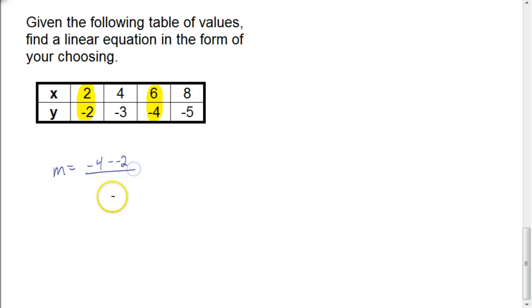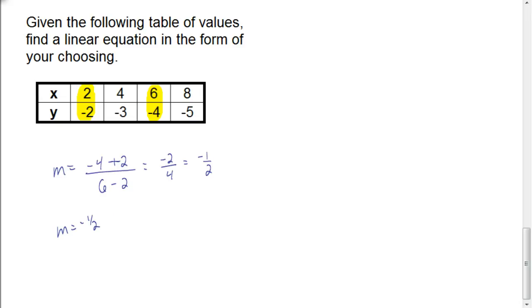Now, you've got to be careful. Remember, minus a negative is the same as plus. This will be the same as negative 4 plus 2. And then I'll have 6 minus 2 in the denominator. Well, negative 4 plus 2 is negative 2. 6 minus 2 is 4. When I reduce that, I get negative 1/2. So my slope here is negative 1/2.